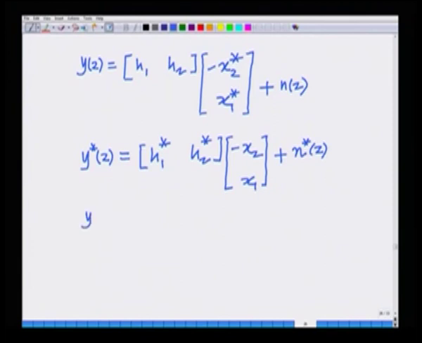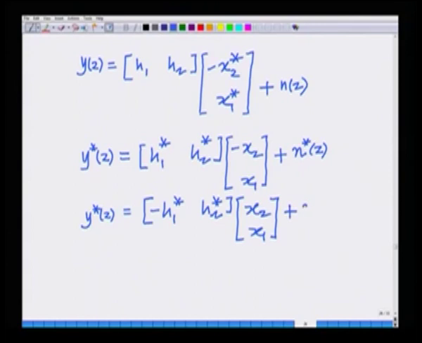Now, I will just rewrite this as follows. Y2 conjugate equals, now instead of having the minus symbol at x2, I can shift that minus symbol to h1 conjugate. So, this becomes minus h1 conjugate h2 conjugate x2 x1 plus n conjugate 2, and now I will make one final modification, that is, I will flip the order x1 x2.